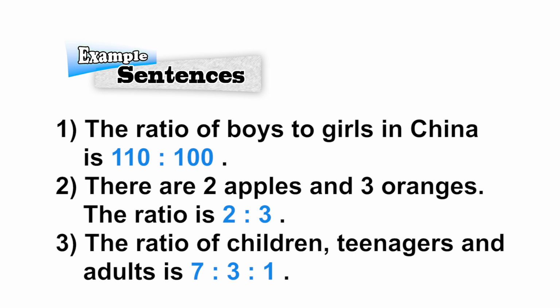There are 2 apples and 3 oranges. The ratio is 2 to 3. And the last example. The ratio of children, teenagers, and adults is 7 to 3 to 1.